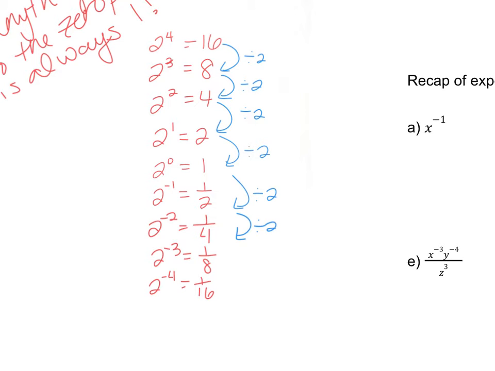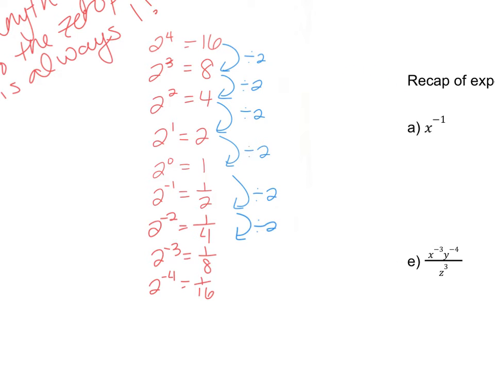So this works every single time. It doesn't matter if it's a number or a variable or whatever, they are going to be reciprocals of each other. Anytime you have something to the 0 power, it's always going to be 1. Anytime you see that, you should get a little bit excited because you're like, sweet, that's easy, cross it off, put a 1.